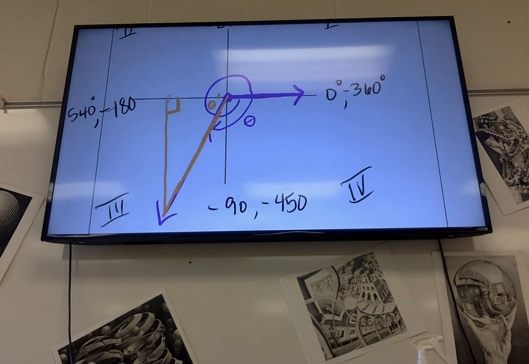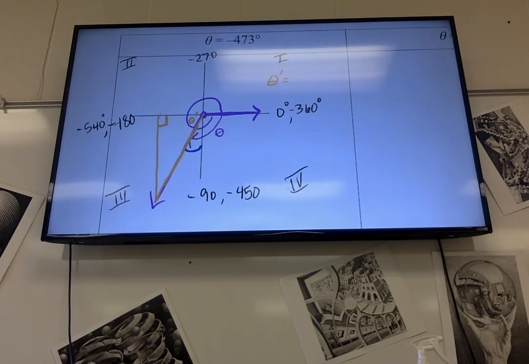So to find the reference angle, which we'll call theta prime, it might be helpful to first find this little angle. How much is that little angle? Negative 23, because I know that this is negative 450, and it's 23 degrees past that. So that's negative 23, or you can just call it 23.